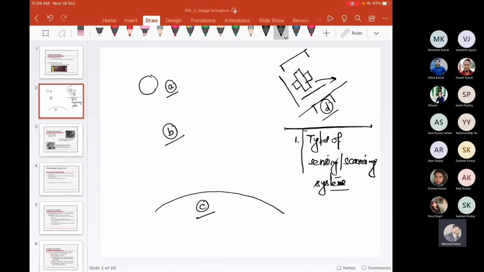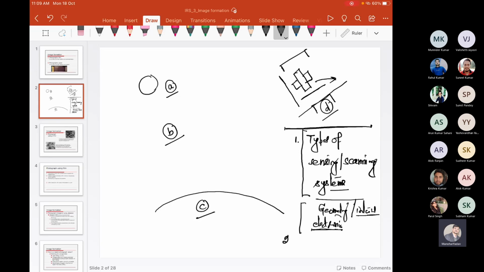So when we discuss types of sensing system, we include the geometry of the sensing system and its internal electronics. In the internal electronics, we'll discuss the arrangement of various components which are required for generation of a digital number corresponding to the energy that is received at the sensor from a ground resolution cell. Okay.